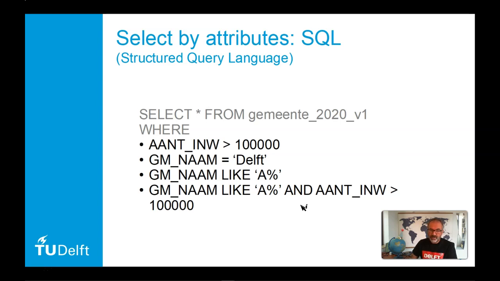So you can say the number of inhabitants is over 100,000, or the name of the municipality is exactly Delft, or in the third example, it starts with an A, or it starts with an A and the number of inhabitants is over 100,000. So those kind of SQL queries you can use to make a selection. So let's have a look how that works in QGIS.